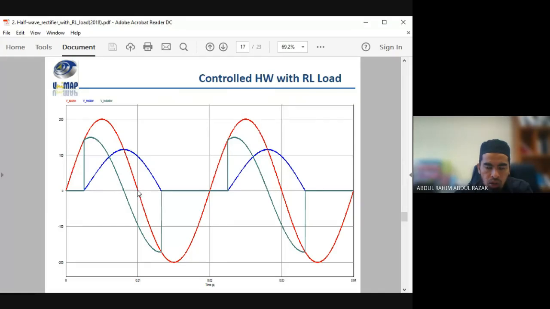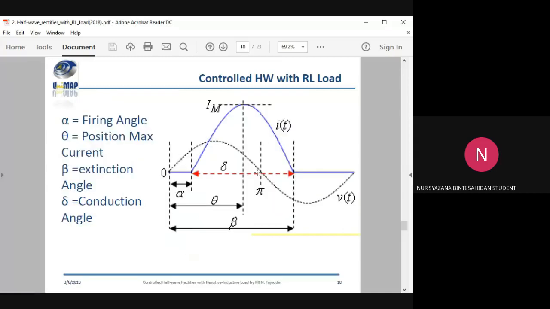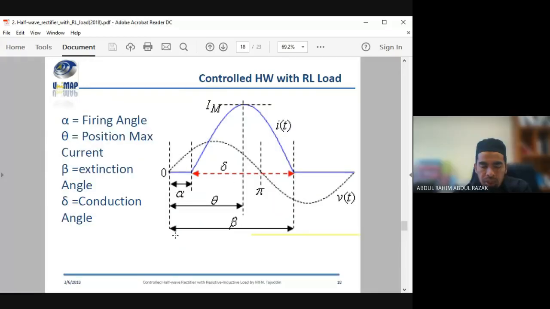Once your source enters the next cycle, there will still be a voltage blocked inside the circuit, down to when the current reaches 0 or the next cycle. So this is the pattern of current, and this is the pattern of voltage. Alpha is the triggering angle or firing angle. Beta is your extinction angle.